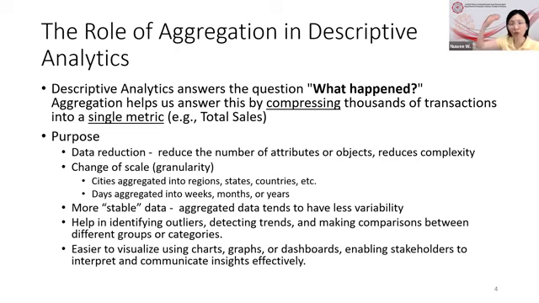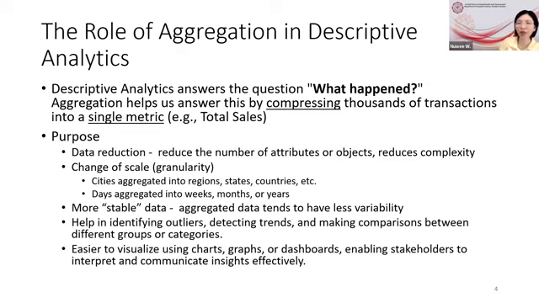Instead of looking through thousands, 20,000, 30,000, 100,000 transactions, we need to compress that using some aggregation into a single metric, like total sales, like average discount, like min or max.